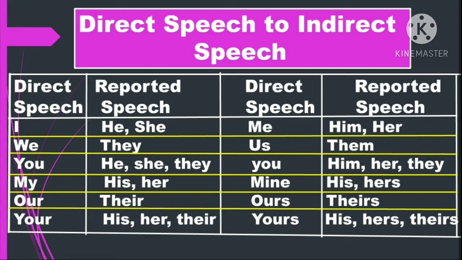We becomes they, you becomes he, she or they, my becomes his or her, our becomes their, your becomes his, her or their, me becomes him or her, us becomes them, you becomes him, her or them, mine becomes his or hers, ours becomes theirs, yours becomes his, hers or theirs.